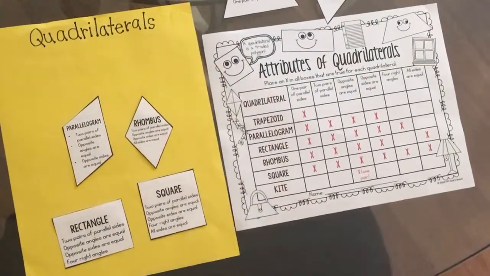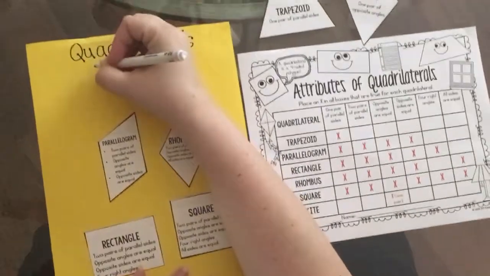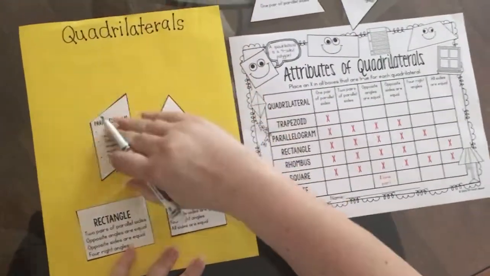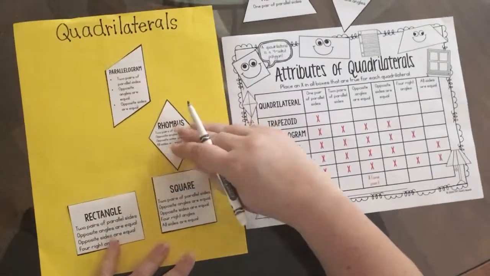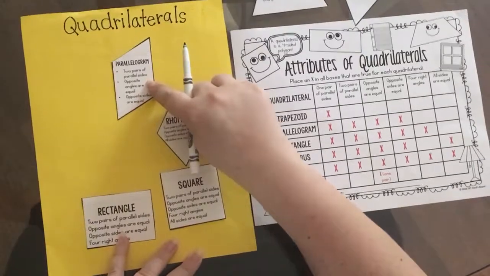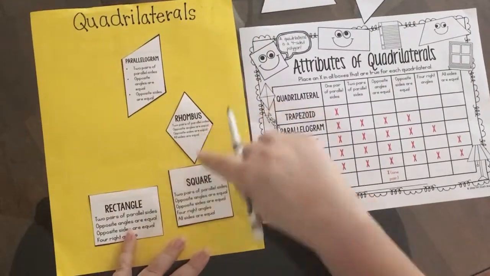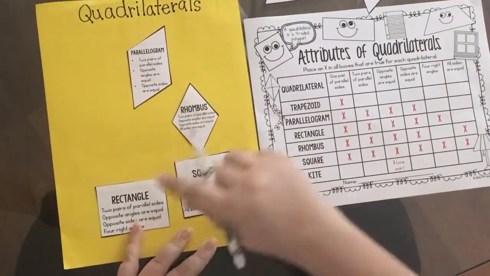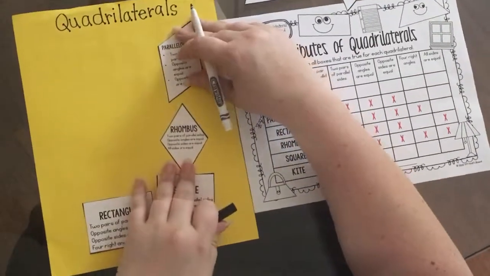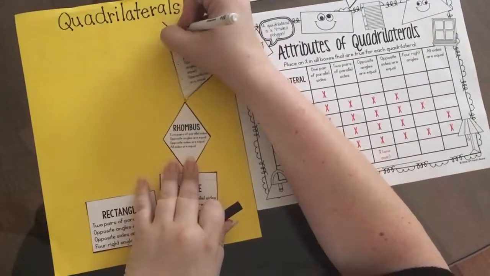So I know that my quadrilateral that I'm going to look at first at the top is a parallelogram. A parallelogram has to have two pairs of parallel sides. So does a rhombus, so does a square, so does a rectangle. So I'm going to place my parallelogram right here.